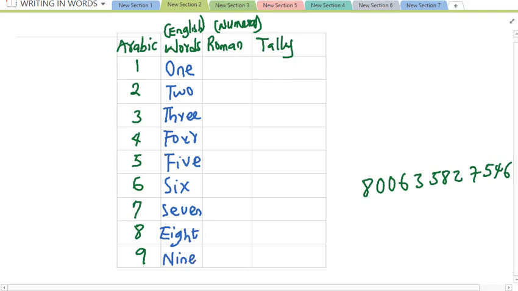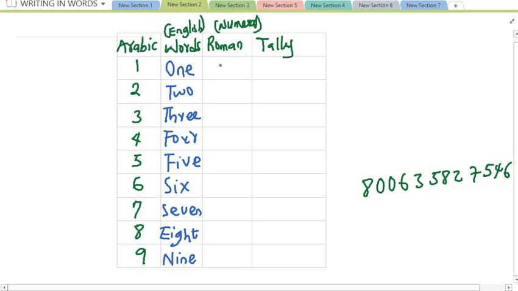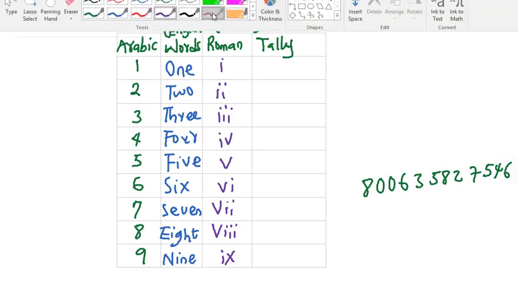And then for the Roman numerals we have I, IV, V, VI, VII, then IX. For the tally system we have a different thing altogether.